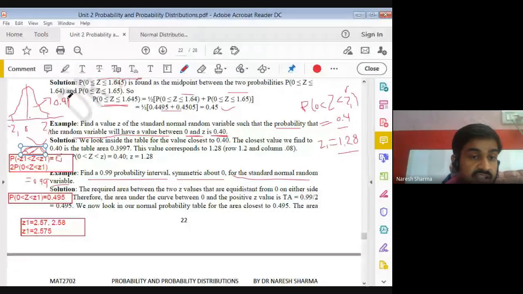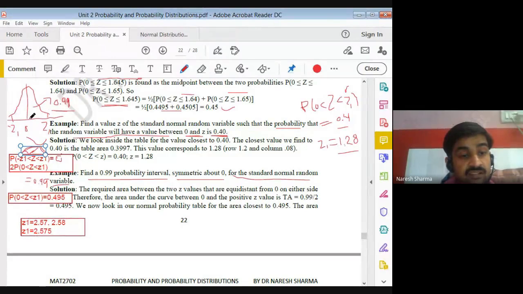One more thing: as this is 0.99, a very large value, if the probability is more than 0.5, then we go for the negative side also. If it is less than 0.5, then we study only the right side of this graph of the normal distribution, right?